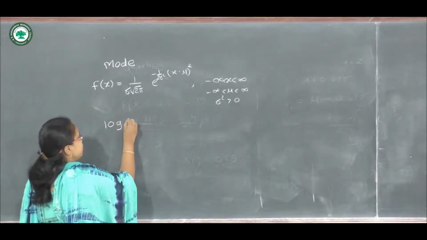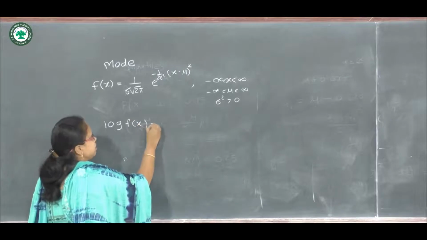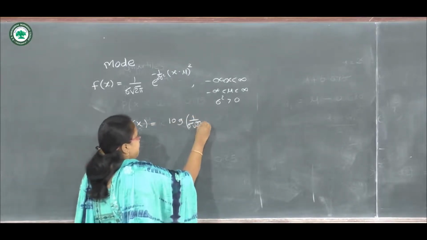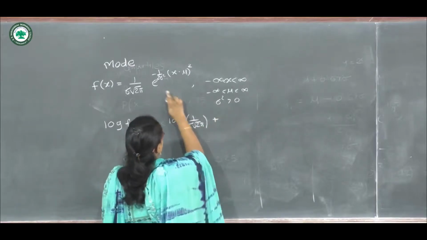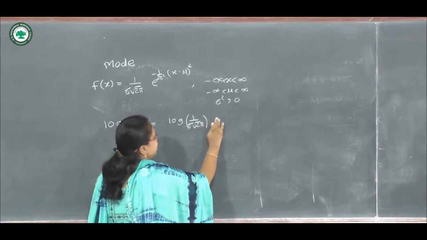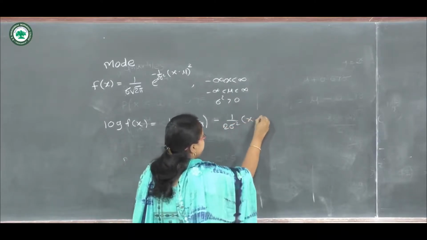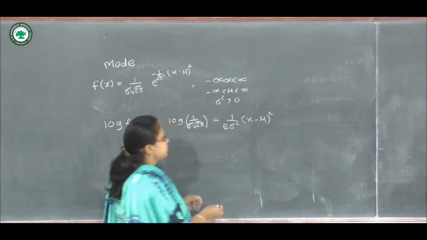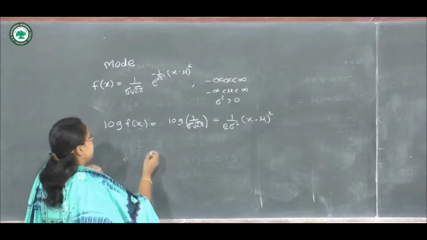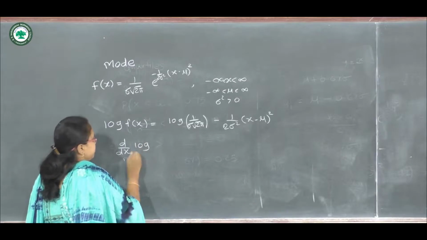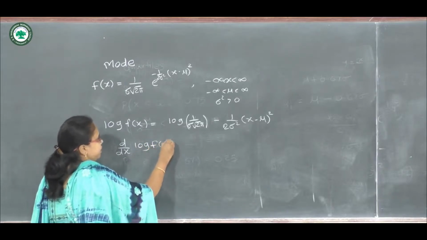So log of f of x equals log of this term plus log of this term, so minus 1 upon 2 sigma square. Then we will take the first derivative with respect to x.